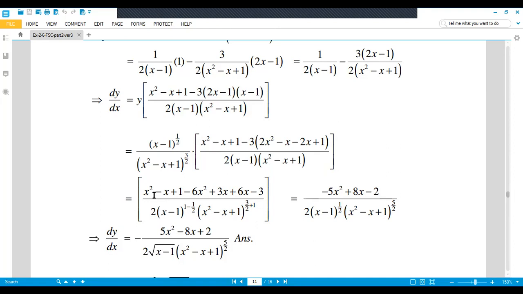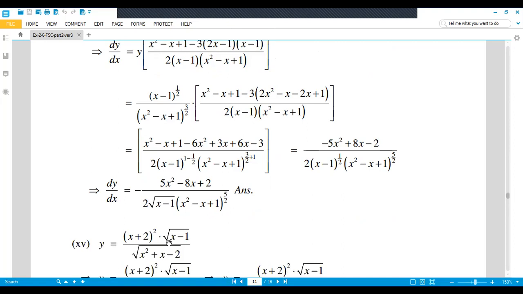So in the numerator we get minus 6x square, x square, we get minus 5x square, and for 6x plus 3, 9x, 9x minus x plus 8x, and here minus 3 plus 1, so minus 2. In the denominator, 1 minus 1 over 2 is 1 over 2, and 3 by 2 plus 1 is 5 by 2. This 1 over 2 we write under the root and we get the required answer.